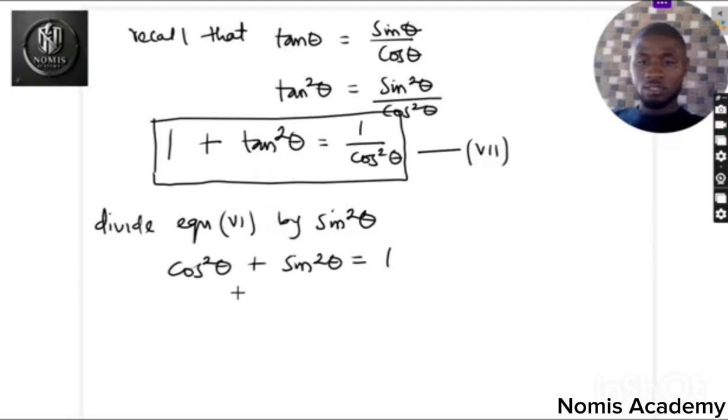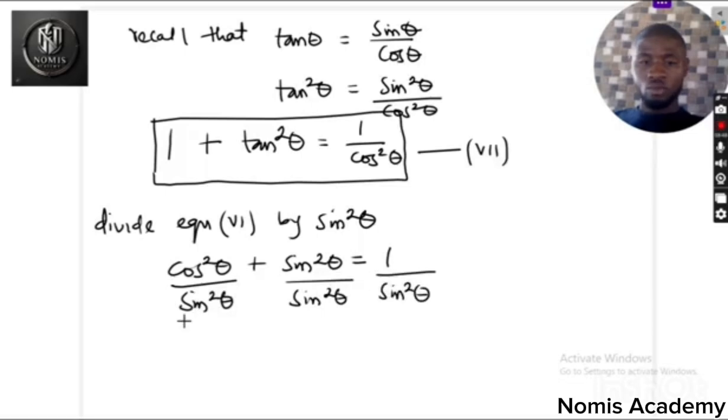So when we divide both sides by sin squared theta, we have sin squared theta over sin squared theta. So what do we have? This is cos squared theta all over sin squared theta, which is the inverse of tan squared theta.